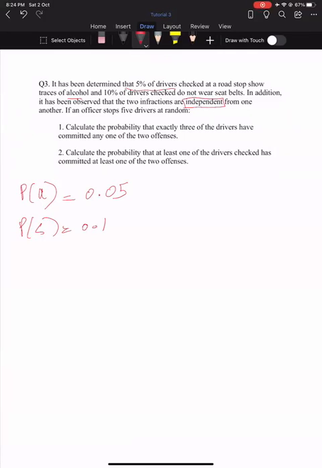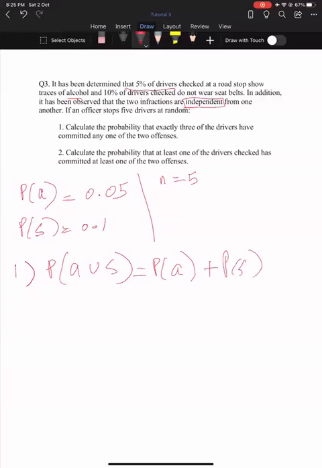If the officer stops 5 drivers at random, calculate the probability that exactly 3 of the 5 drivers have committed any one of the two offenses. Okay, since any offense is possible, either not wearing the seat belt or having traces of alcohol in their system, we will first take the union of A and S to get the probability that either of these could happen. So the formula we know is P(A) plus P(S) minus P(A intersection S).